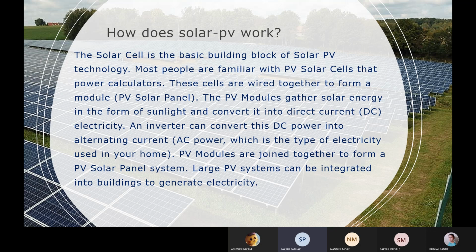An inverter can convert this DC power into alternating current, AC power, which is the type of electricity used in your home. PV modules are joined together to form a PV solar panel system. Large PV systems can be integrated into buildings to generate electricity. Now move to the next slide.